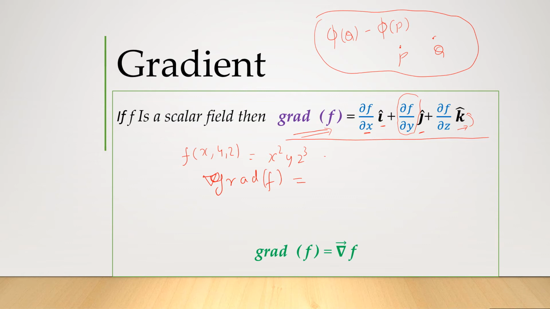That will become here x square, therefore 2x y z cube into i. Then partially differentiate with respect to y, therefore it will become x square z cube into j cap plus partially differentiate with the z, then you will have x square y multiplied by 3z square into k cap.